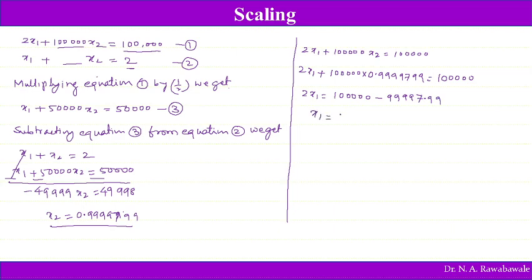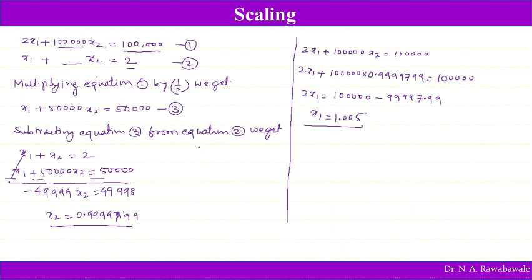So x1 is equal to 1 lakh minus 99,997.99 divided by 2. This is 1.005. So this is very close to the true answer. This is how we get the solution without scaling and without pivoting.